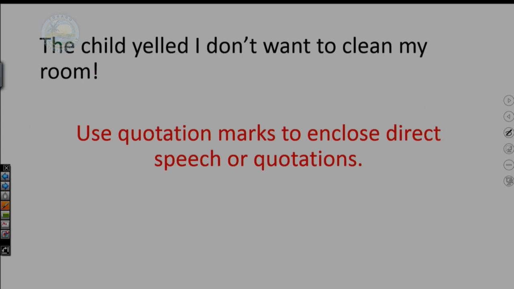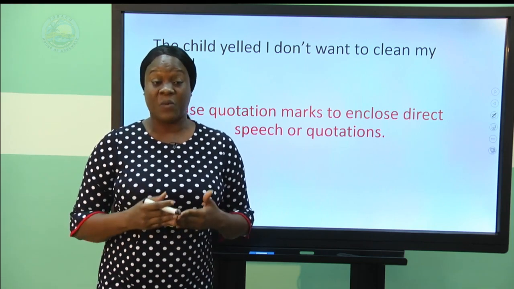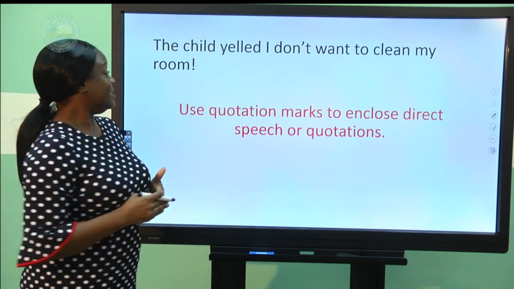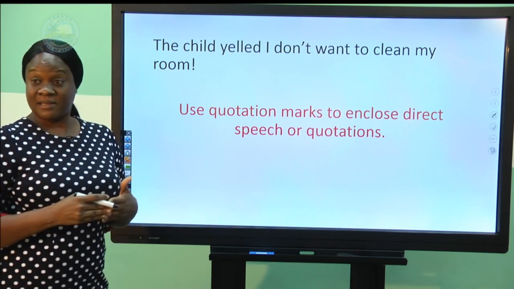We are reminded from our signboards that we must use quotation marks to enclose direct speech or quotations. So we know that we must put in quotation marks. The big question is, what are the exact words of the child in this sentence? Did the child say "the child yelled"?